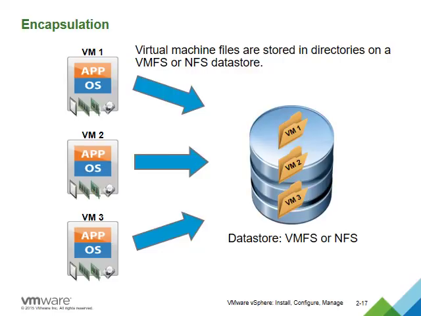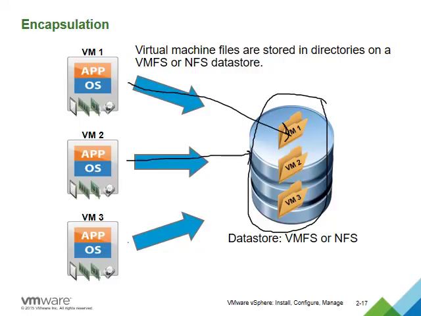Virtual machine files also provide encapsulation of the entire virtual machine so that VMFS can easily become part of a business continuity or disaster recovery solution. You see right here you have three virtual machines running on a shared datastore. They're going to share those resources, and that's basically where your directories are on the virtual machine file system or your NFS datastore.